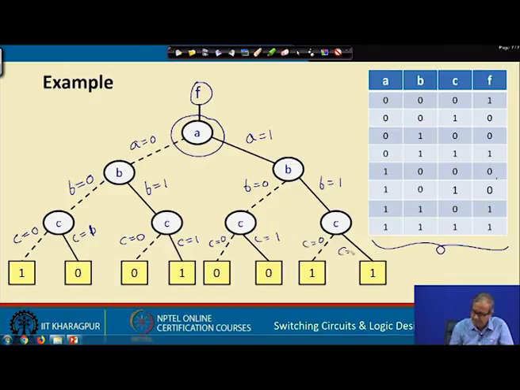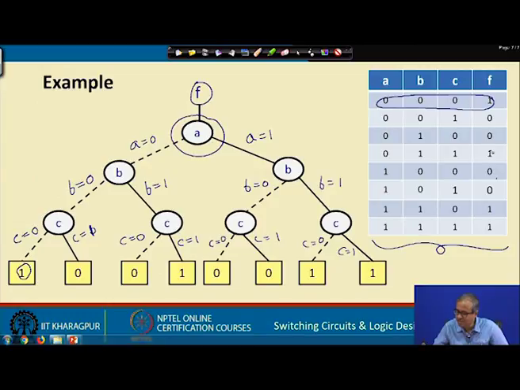Now, starting from the root, if you traverse along any path, for example the leftmost path, I traverse the edges A equal to 0, B equal to 0, C equal to 0, and arrive at the terminal node 1. This corresponds to the first row of the truth table, 0 0 0, output is 1.